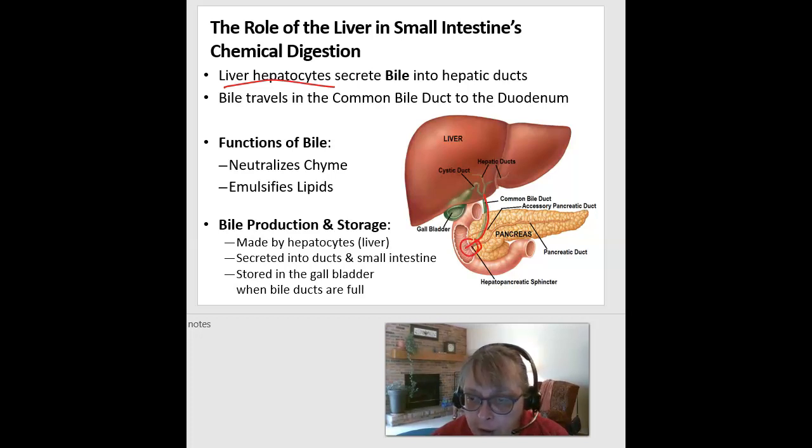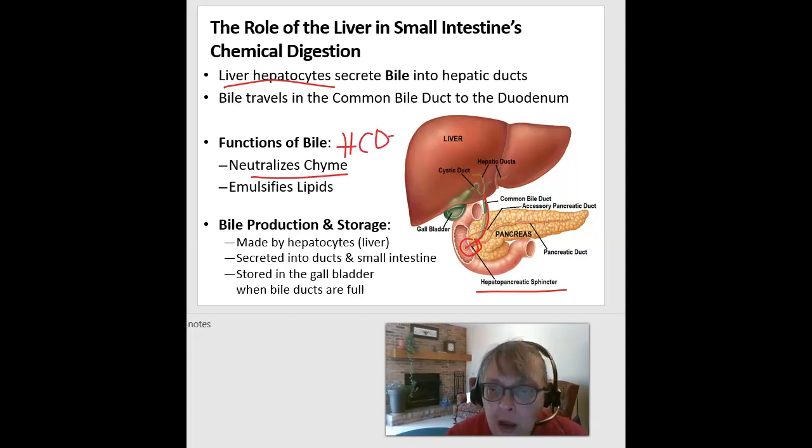First, the function of bile is to neutralize chyme. So as you can imagine, there's going to be bicarbonate in bile. And what the bile does, rather than true chemical digestion, is it emulsifies lipids.